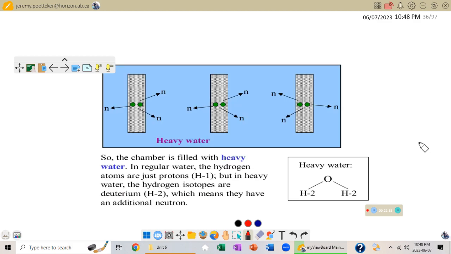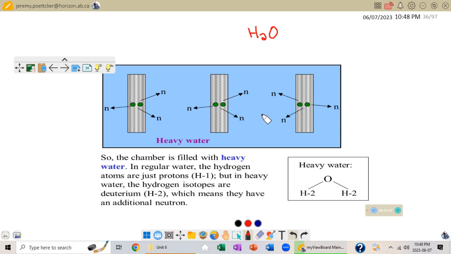We use heavy water. Now, you might think, okay, heavy water, that seems weird. Really, with heavy water, what we're using is quote-unquote heavy hydrogen, or deuterium. So normal water, which is like 99% of the water that we'd find in the ocean or something like that, or even more, is H2O. And each of the hydrogens has just one proton. There's no neutrons.